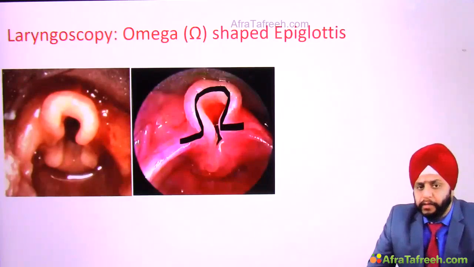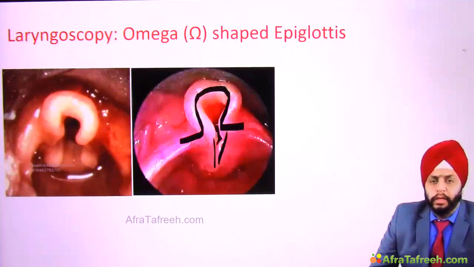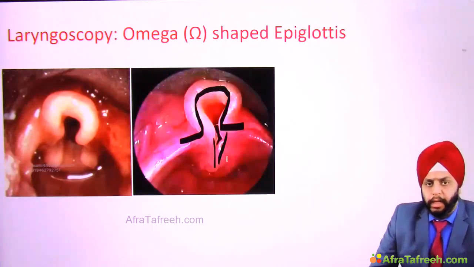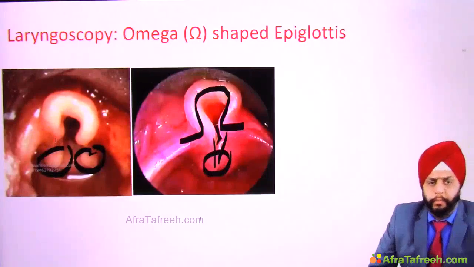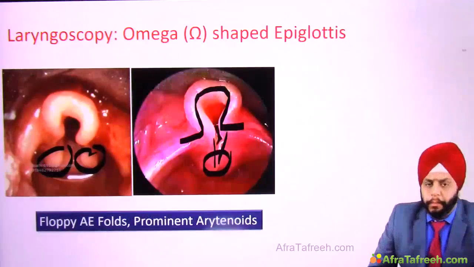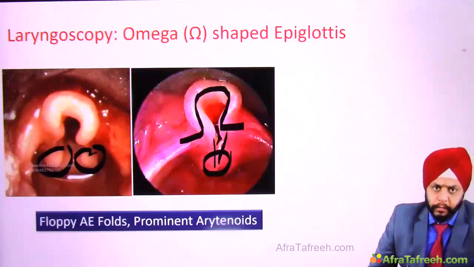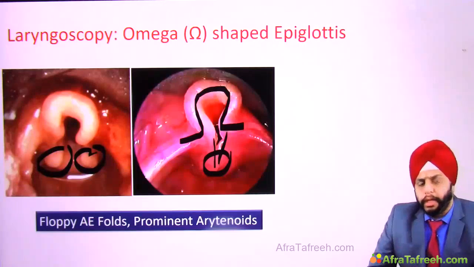Anything else? You can also see that the aryepiglottic folds have become floppy, and the arytenoids become very prominent. Look over here, these arytenoids are prominent. So we have floppy AE folds and prominent arytenoids. These are the findings on laryngoscopy of a patient with laryngomalacia.